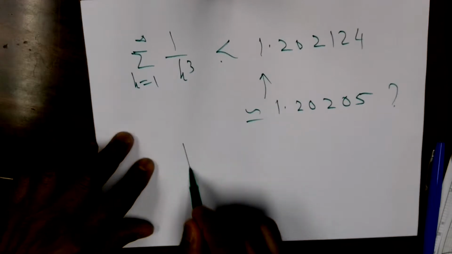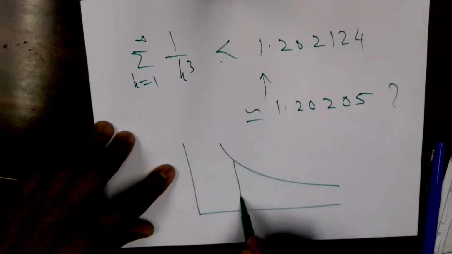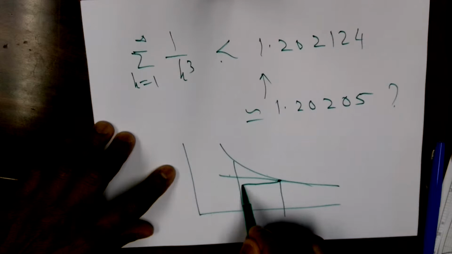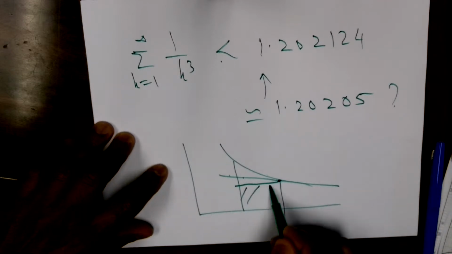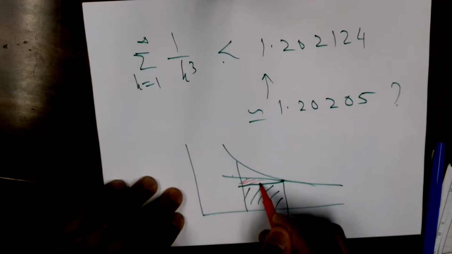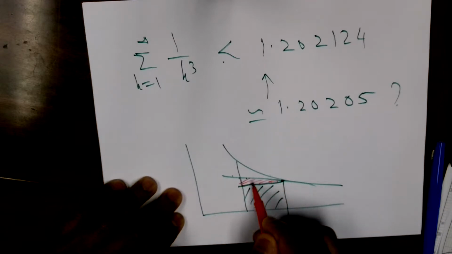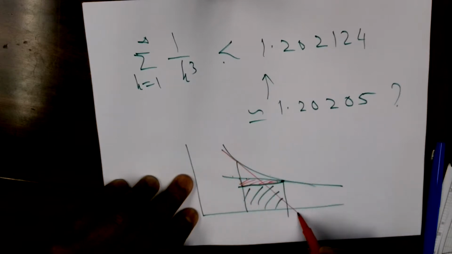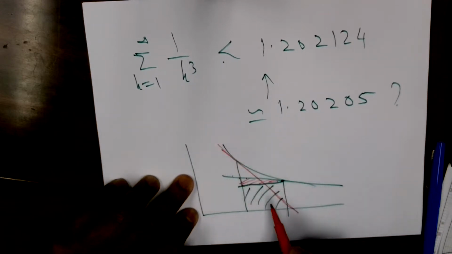Or another way is, remember, right now we are just drawing a tangent and taking this area. So this is what we are interested in. We are able to accommodate this area on top of that. So it's a little improvement. But you can draw another tangent here, but it gets complicated.